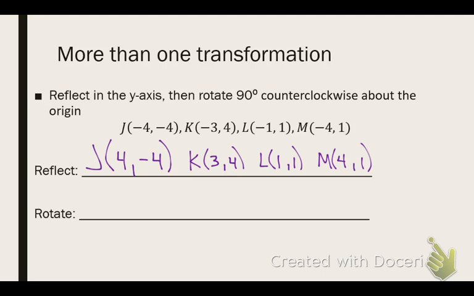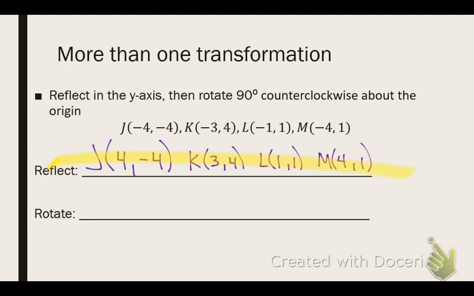Now you use this set of ordered pairs to rotate. Okay? So do not go back to the original set. All right? So for some of you, that's where you messed up on 15. That's an easy fix now that you know. Guys, that's why it says reflect, then rotate, because these ordered pairs are changing twice to get to the final destination.